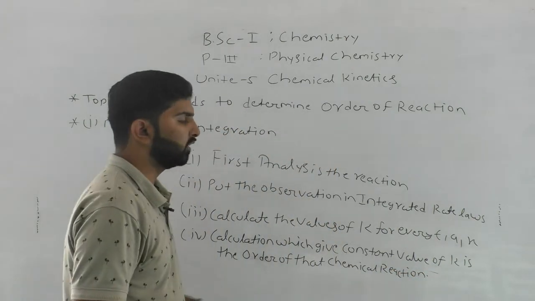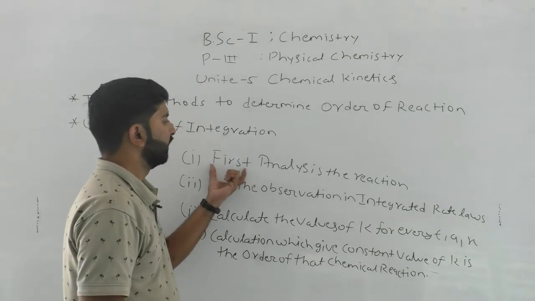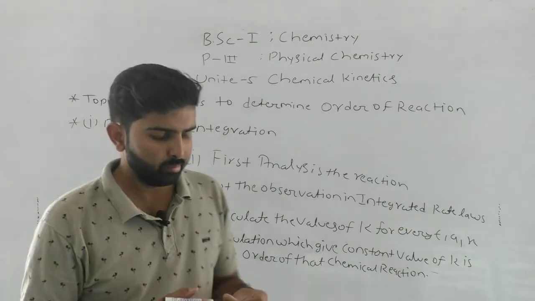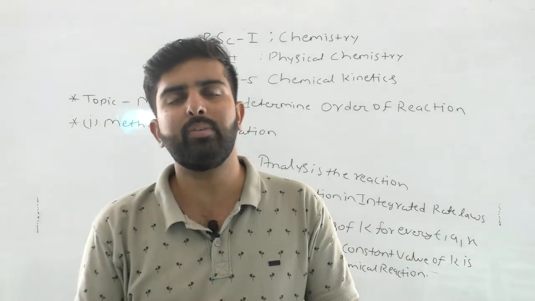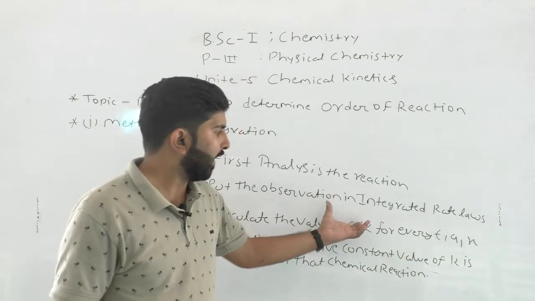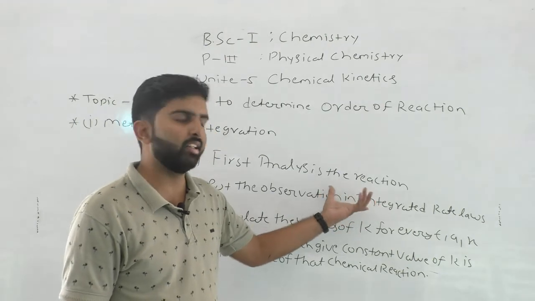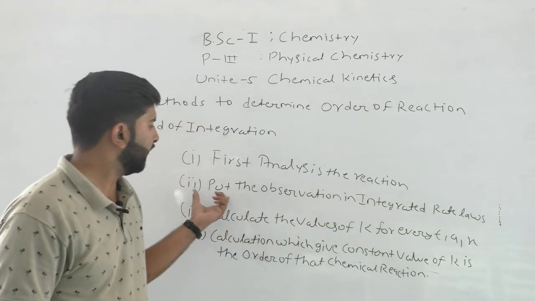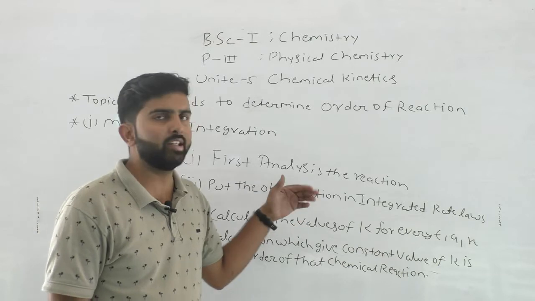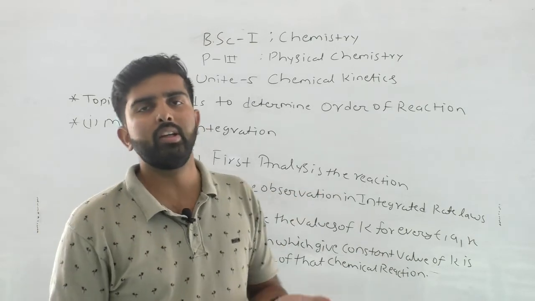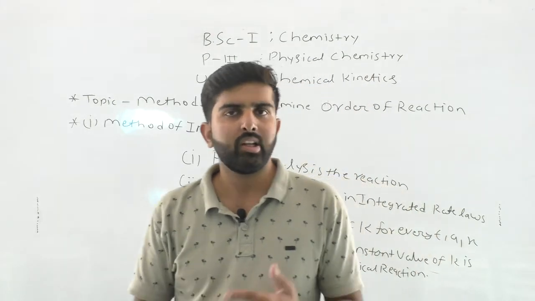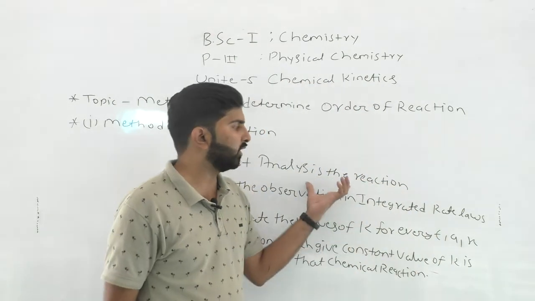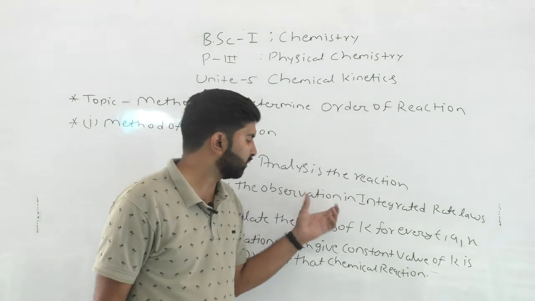Means in this method first we analyze the reaction, means we analyze the reaction for calculation of x, time and initial concentration. Then we put the observations in integrated rate laws, means we put this calculation into the integrated rate laws.